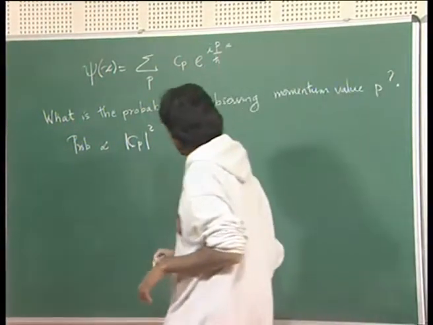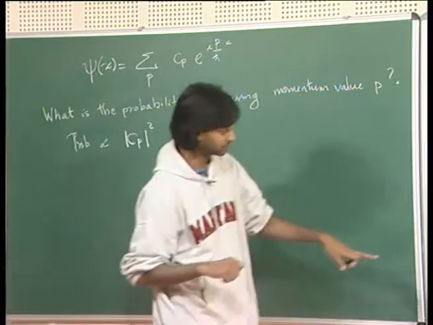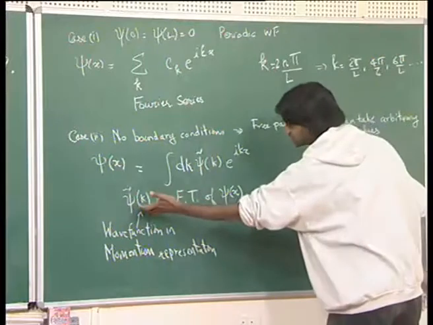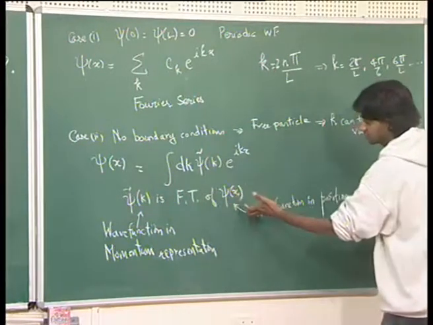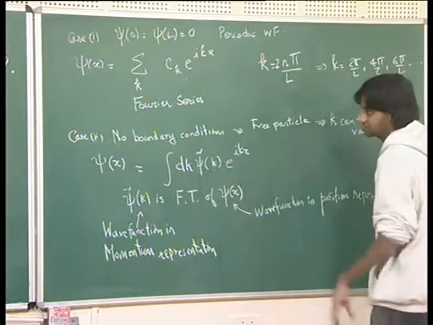Now you go back to this. When we say that psi tilde of k is the Fourier transform of psi of x, we have this sort of representation.